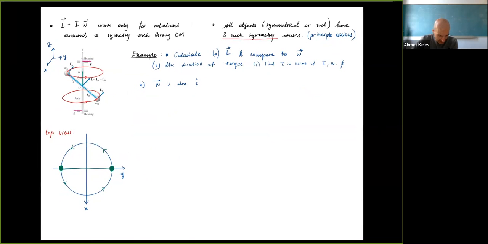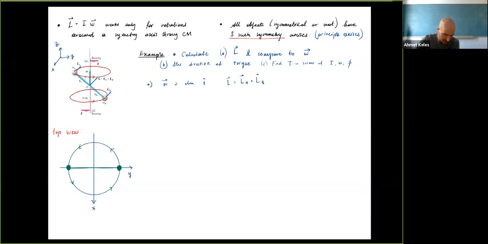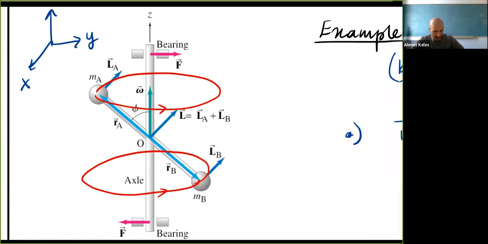Now I want to find angular momentum L. And this L has two components, LA coming from A and LB coming from B. Now I can look at A, so my origin is here. And L is equal to R cross P, so R is this, and P is M times V. This is, at this moment, out of the page.